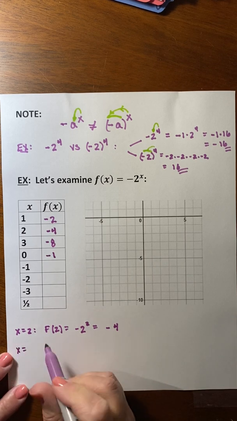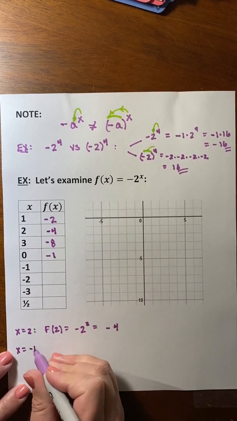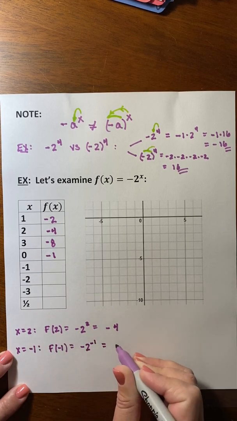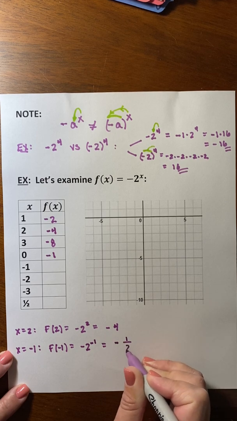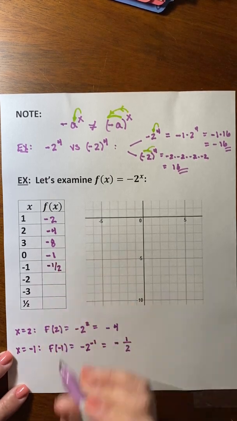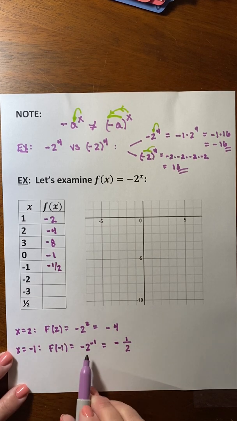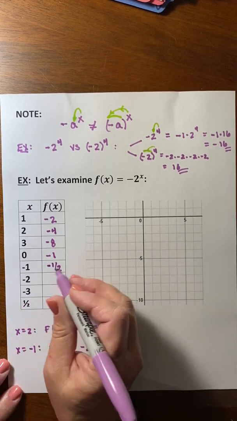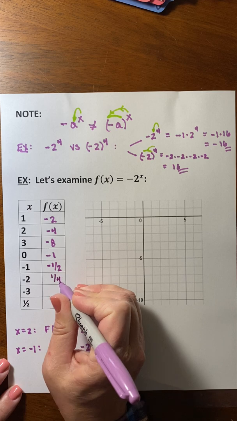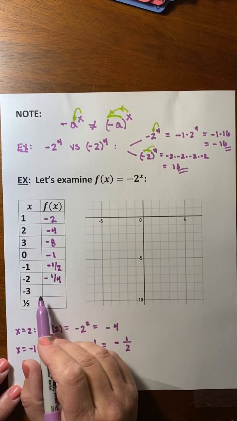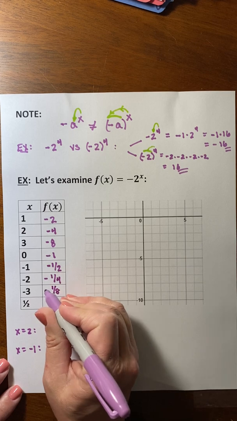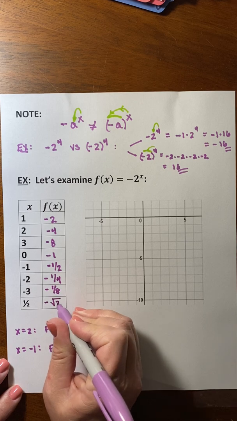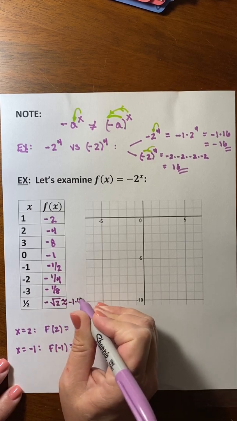Now be careful with negatives. Negative exponents don't change the sign of the base. So this would be f of -1, which is -2 to the -1 power, which is -1/2, because 2 to the negative 1 is 1/2 with the negative out front. At -2, 2 to the negative 2 is 1/4, the negative out front. 2 to the negative 3 would be 1/8 with a negative out front, and at 1/2, it would be negative square root of 2, which would be about negative 1.4-ish.